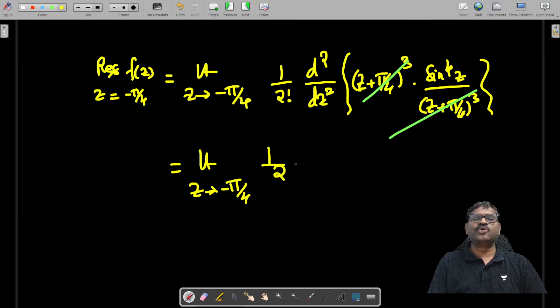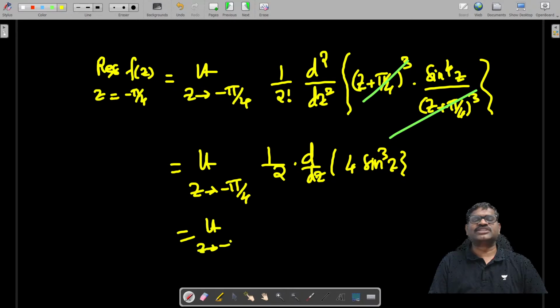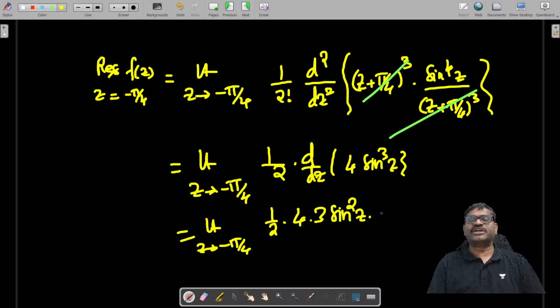1 by 2 into d by dz of, when you differentiate sine power 4z, 4 sine cube z, limit z tends to minus pi by 4. Differentiation of sine power 4z is 4 into 3 sine square z... One minute, one correction is there.